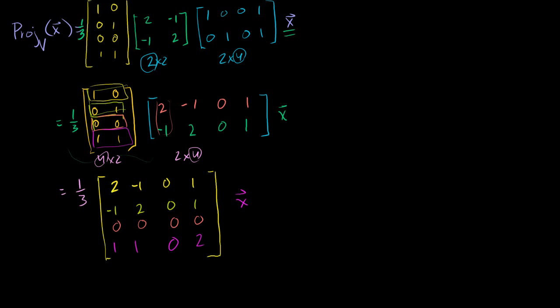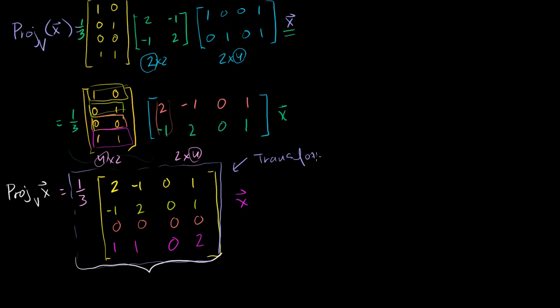This is exciting. The projection onto V of x is equal to this whole matrix times x. So this thing right here, I could multiply the 1/3 into it, but we don't have to do that. That'll just make it a little bit more messy. This thing right here is the transformation matrix.